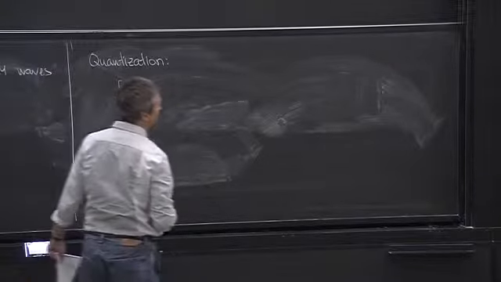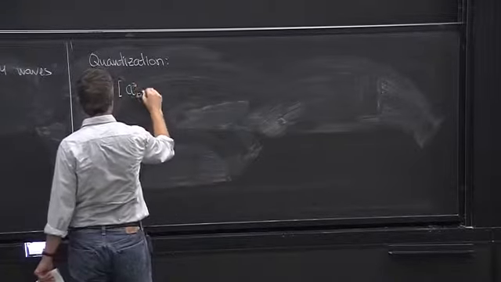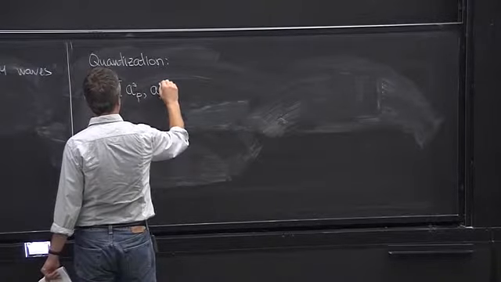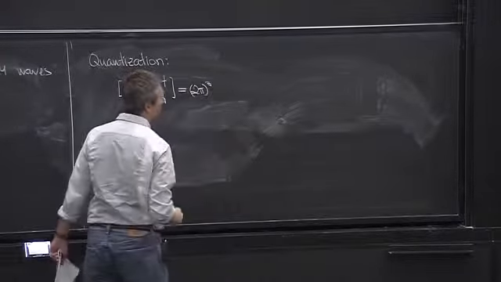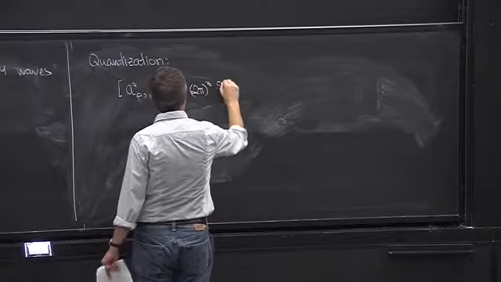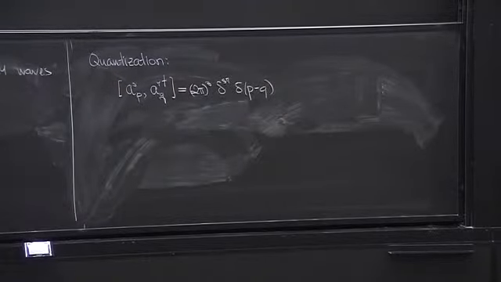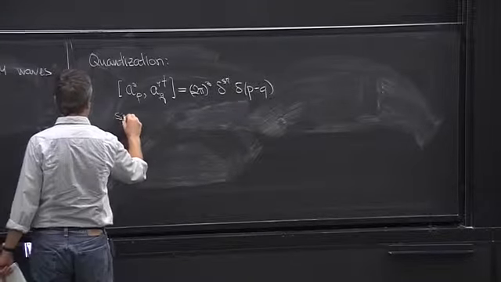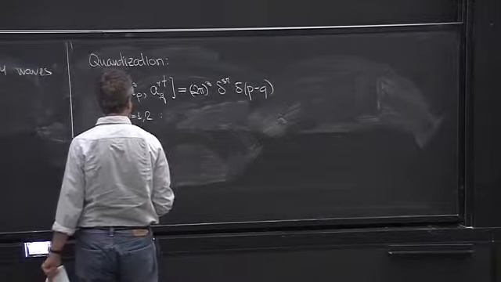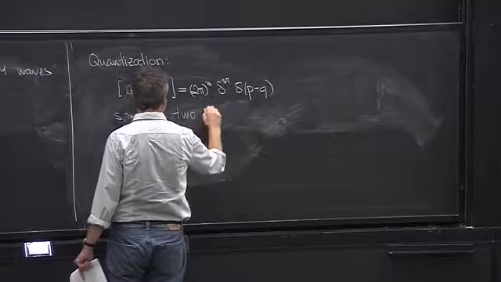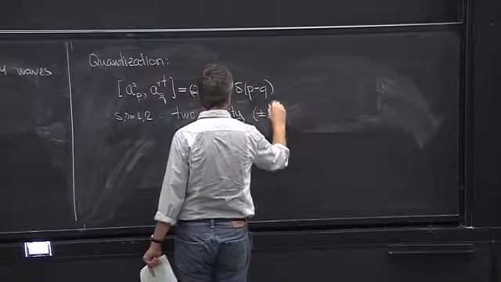So we say that A and A dagger are creation and annihilation operators, with commutator proportional to delta SR, delta of P minus Q. And so when S and R are equal to 1 and 2, these operators describe 2 helicity states of a photon. So it can have helicity +1 or -1.